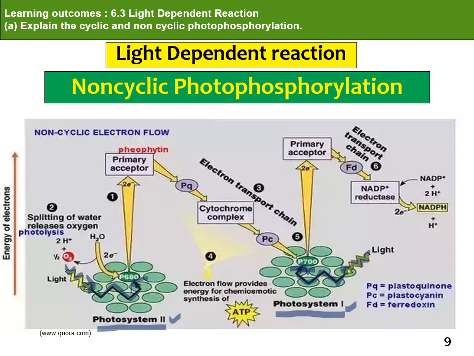Okay, so apa yang berlaku, dia akan increasekan the energy level of electron in chlorophyll A. Okay, chlorophyll A ni pada reaction center P680 and also P700. So dia akan increasekan the energy level of electron dalam chlorophyll A ni. So electron akan excited.